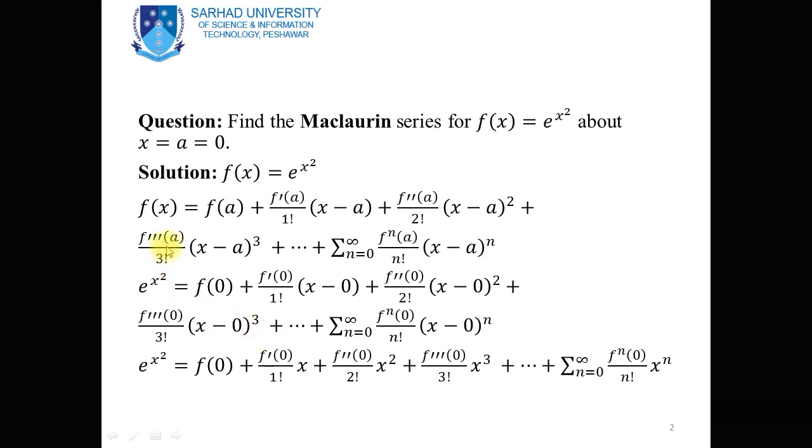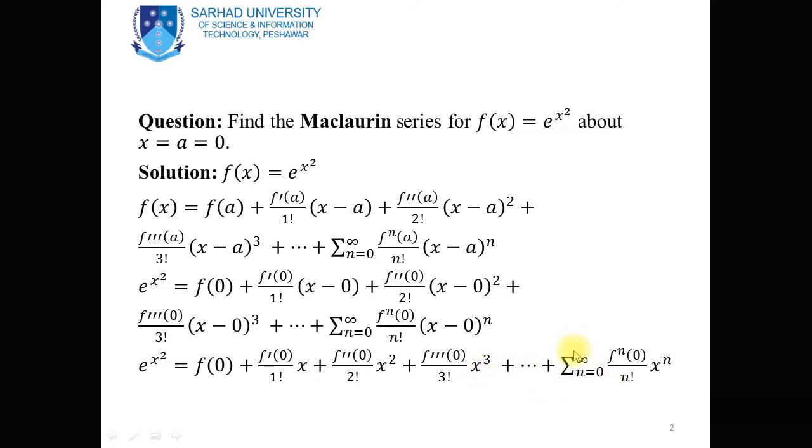And after putting x is equal to a and a is equal to 0, we obtain the series: the function value at x is equal to 0, plus the first order derivative of the function at x is equal to 0 divided by 1 factorial into x, plus the second derivative of the function at x is equal to 0 divided by 2 factorial into x square, plus the third order derivative of the function at x is equal to 0 divided by 3 factorial into x cube, plus and so on up to n terms.